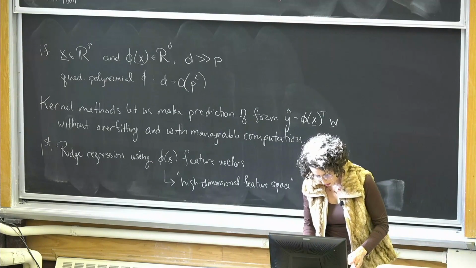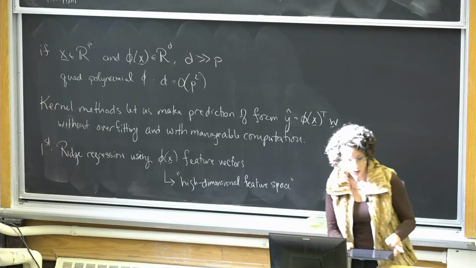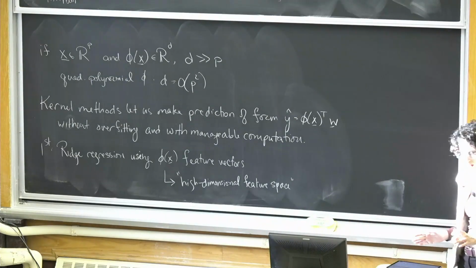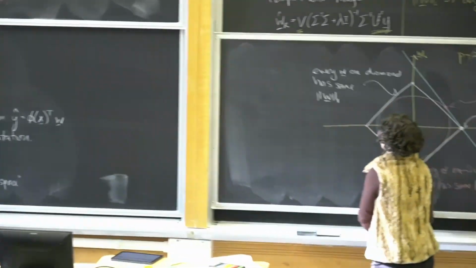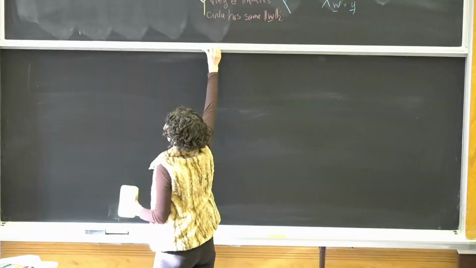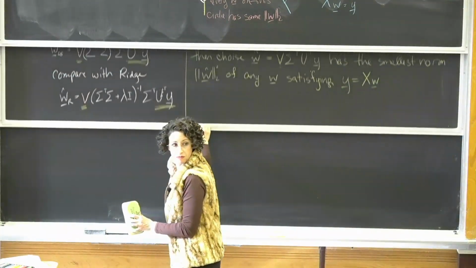Okay, so now I want to think about what happens with ridge regression and add a little bit of nuance that we didn't see last time, but which is going to be really helpful as we start thinking about kernel methods.